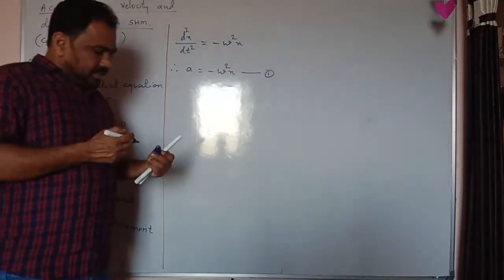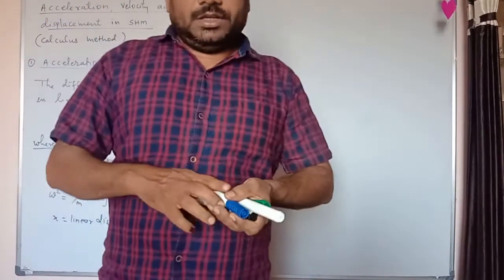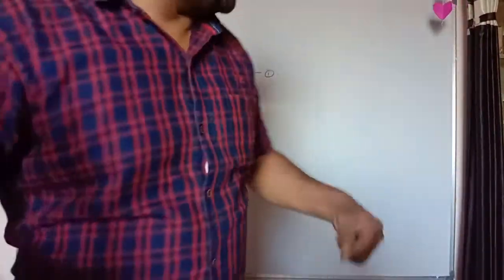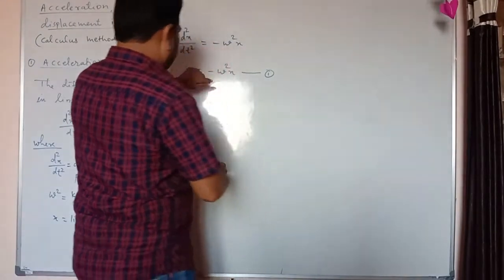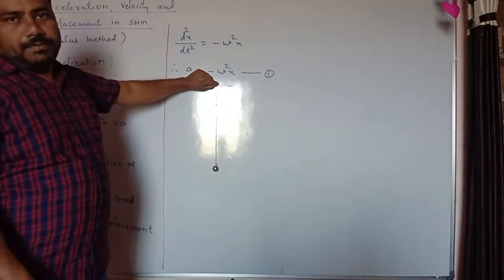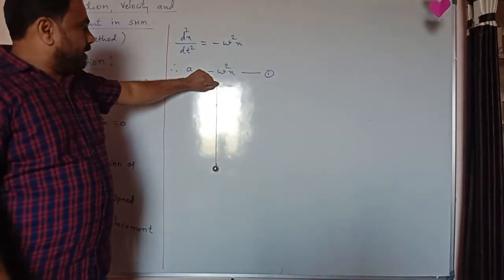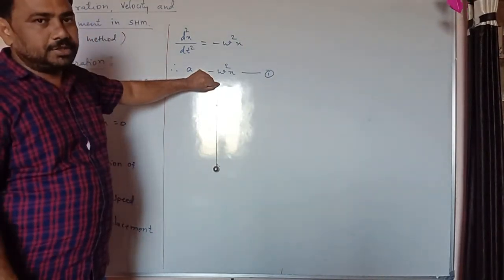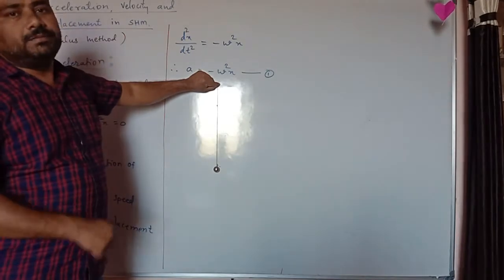Now if we consider a simple pendulum, and suppose the simple pendulum is at the equilibrium position. Equilibrium position means the mean position.